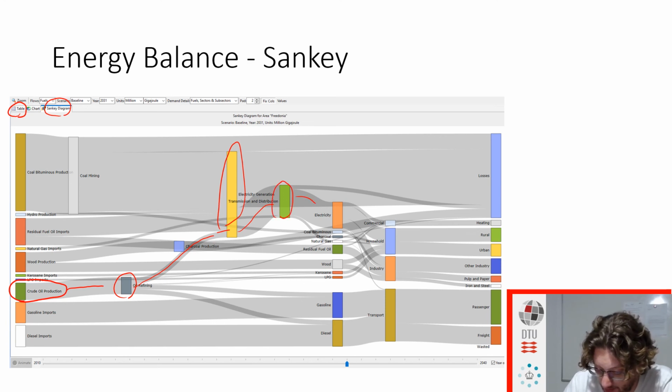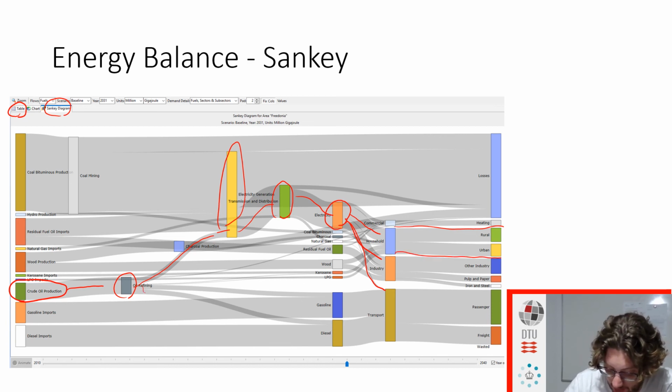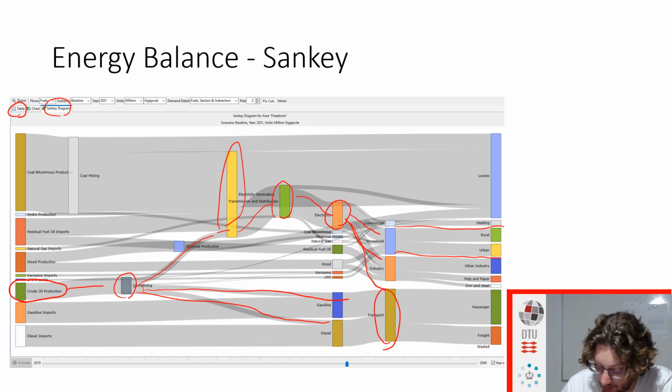Then it gets distributed and comes into the final form, a final secondary fuel, as electricity, and then gets fed to quite a lot of different demand sectors, very little in transport, and then we have their subsectors as well in this case. While in oil refining, you can see it also moves towards producing diesel and gasoline, which is then consumed in transport and so on.